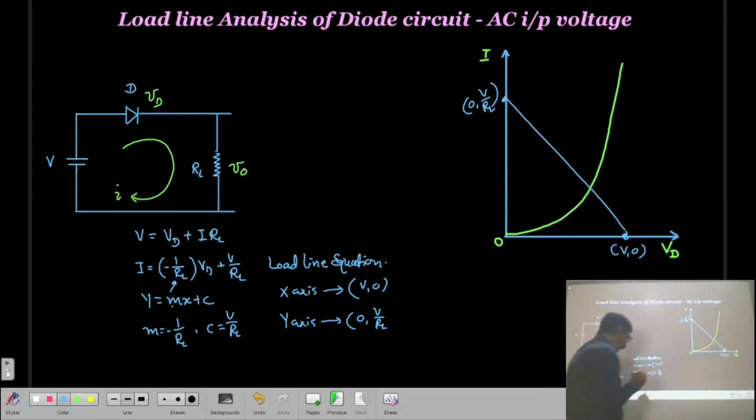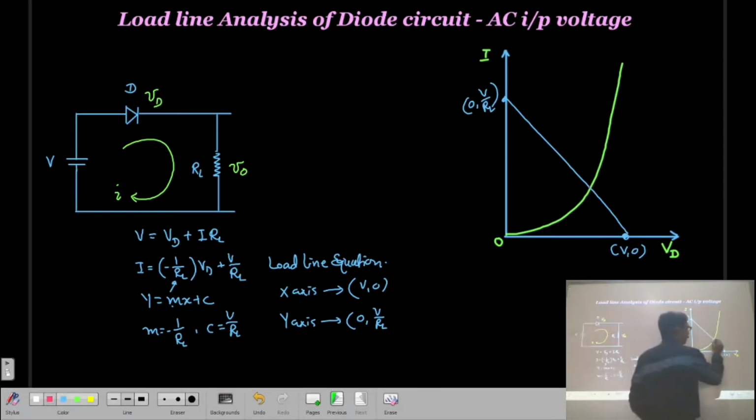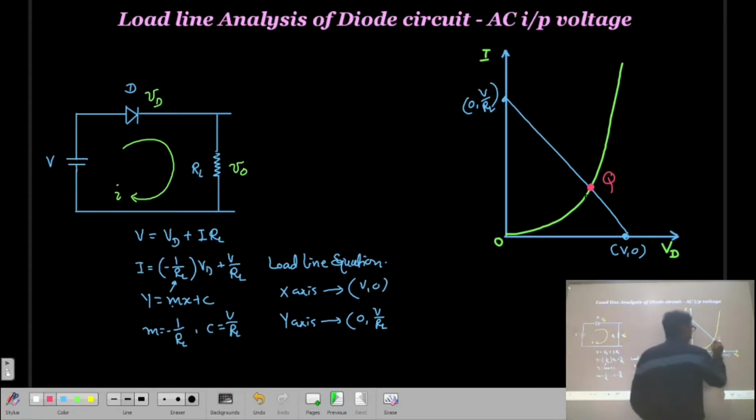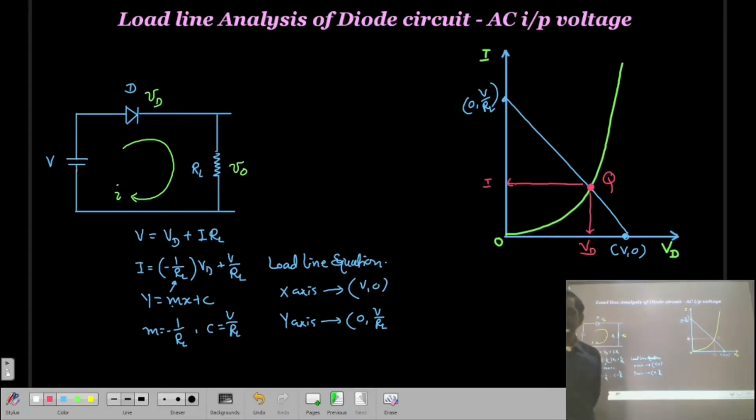So what is important here? Important is the intersection point, which is known as the operating point Q. The coordinates of this operating point will give you the voltage across the diode, and how much current is flowing in the circuit.